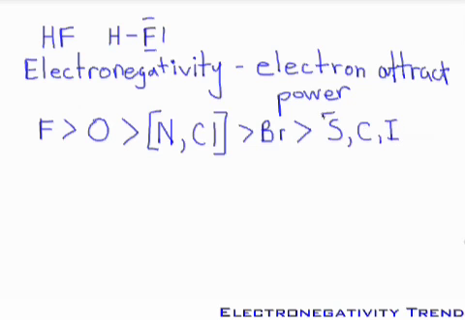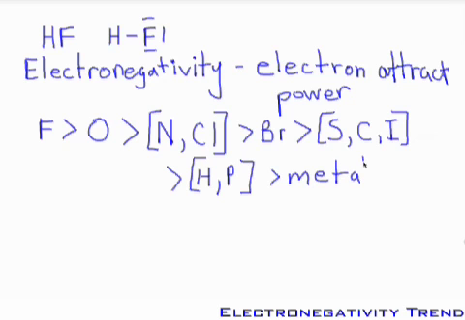These guys are all similar. And these are more electronegative than hydrogen and phosphorus. And those two are more electronegative than the metals. Metals such as aluminum or boron, etc. Aluminum's definitely a metal. Boron's probably on the transition to the metals.